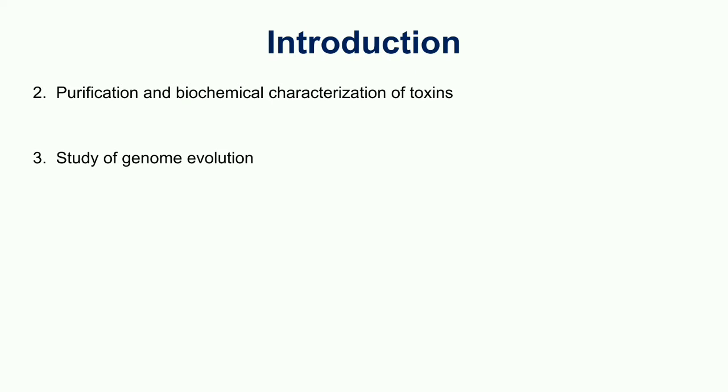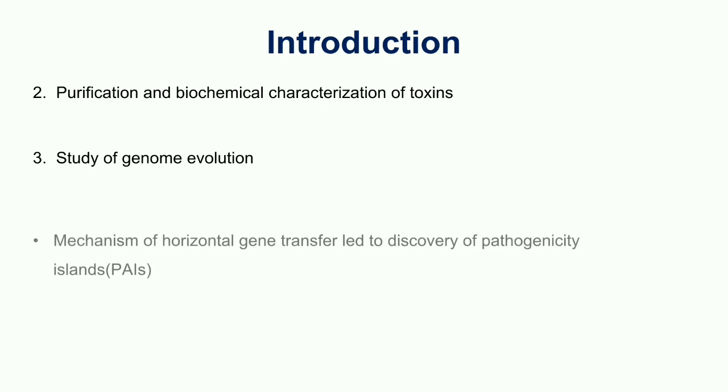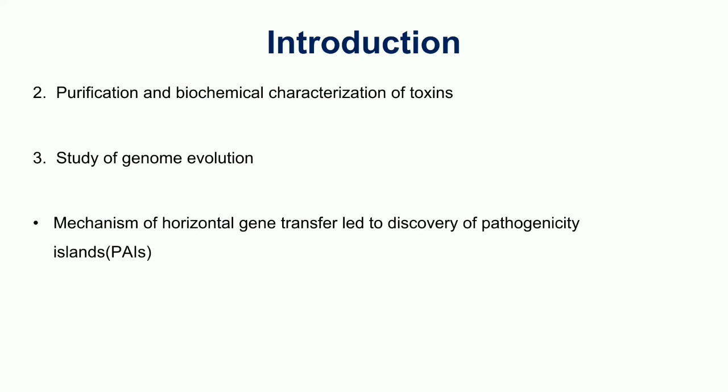The third was to study genomic evolution. So these virulence genes are usually transferred by the mechanism of horizontal gene transfer, which led to the discovery of pathogenicity islands, also commonly known as PAIs.